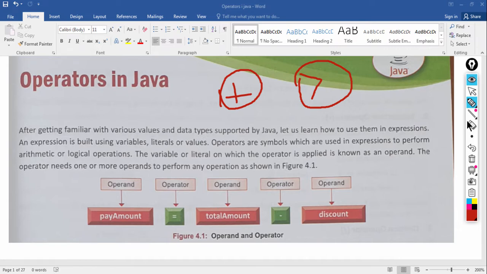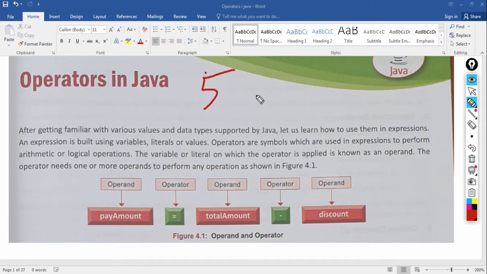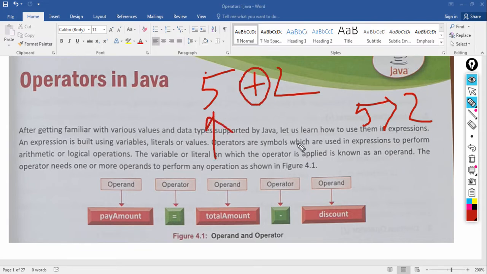So when I say 5 plus 2 or 5 is greater than 2, which one is the operator here? Plus is the operator. And what about 5 and 2? 5 and 2 are the operands. Similarly here, greater than is the operator, and 5 and 2 are the operands.